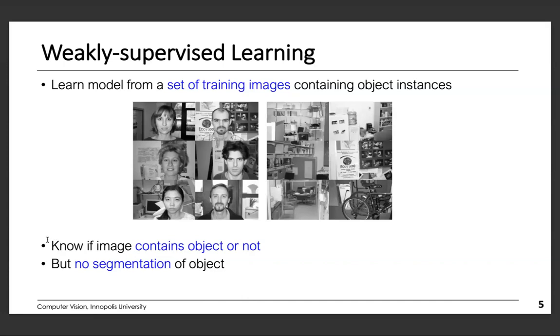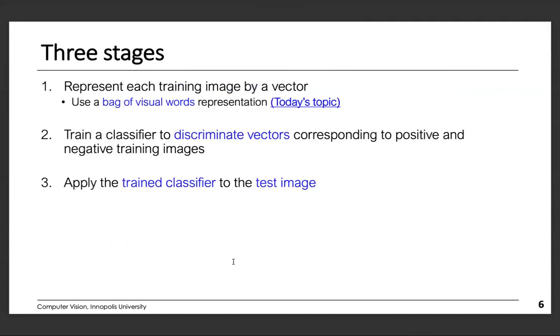So as we just discussed, it contains whether there is an object or not, but it does not contain the segmentation of that object. Usually the task of segmentation is a very, very heavy task in terms of annotation. It takes at least 1 to 2 minutes to annotate just one image. So you can imagine if you have a data set of millions of images, or a little bit less, it's going to take you months or years to annotate such a data set.